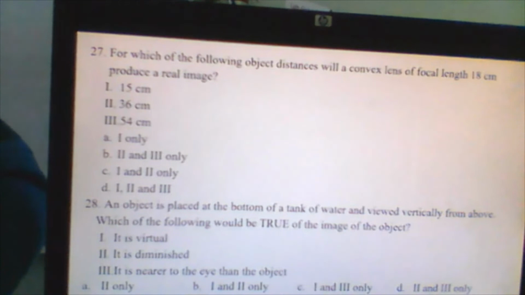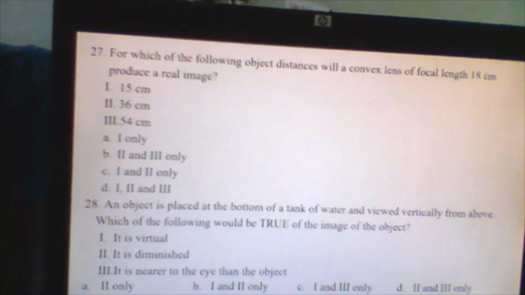For I, which is 15 centimeters, it lets you know that the 15 centimeters is between the principal focus and the optical center. And when an object is placed at that position, it's going to produce a virtual image. Basically, no real image is formed.